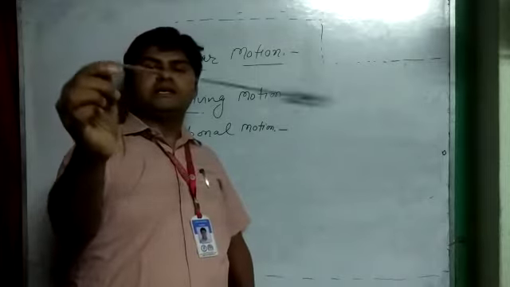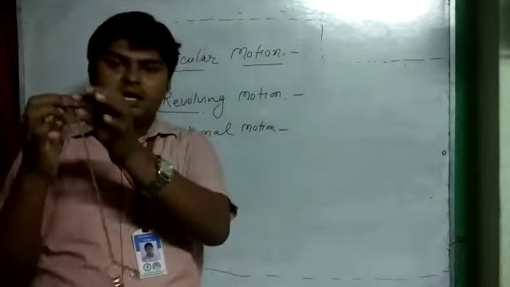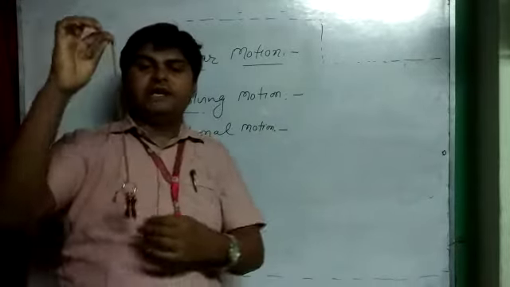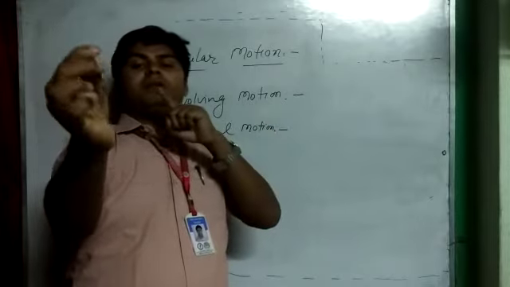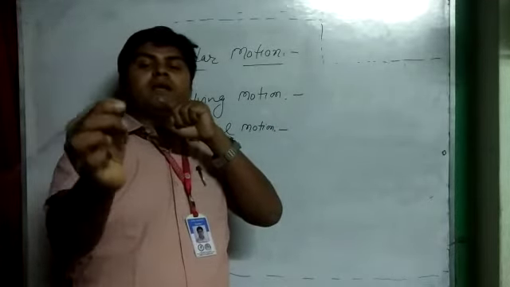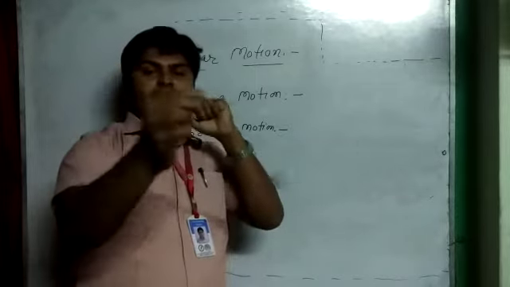Just like this, the key revolves around the finger. So it is an example of revolving motion.